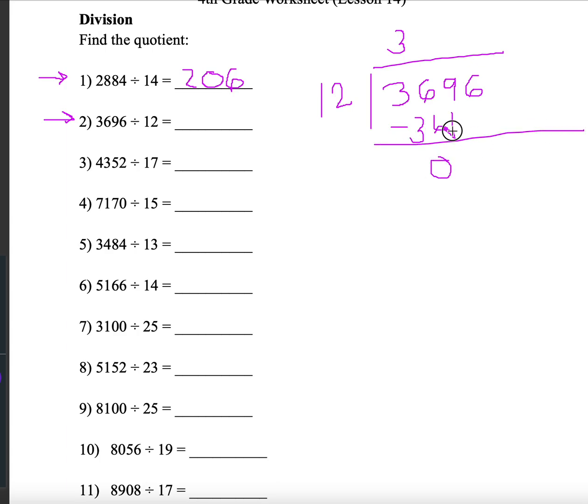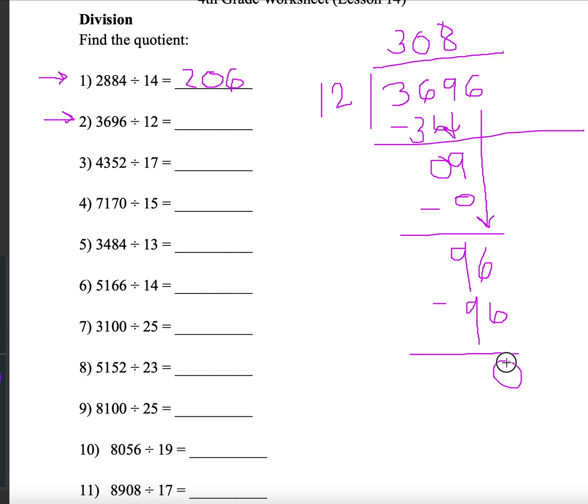We can bring down the 9, but we know 12 can't go into 9 because 12 is bigger than 9, so we can multiply by 0, so we get 9 again, and we can bring down the 6, and we know that 12 times 8 is 96, so we can multiply by 8, and we're left with 0.